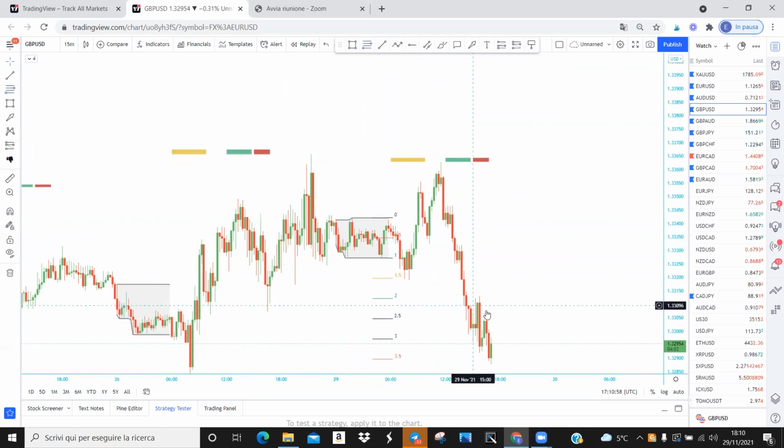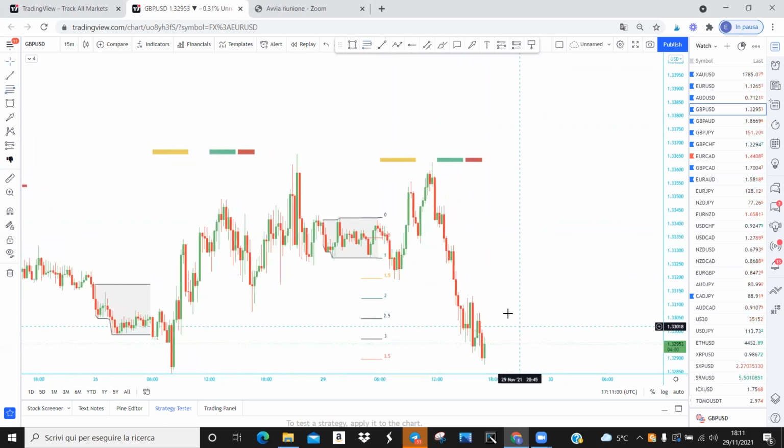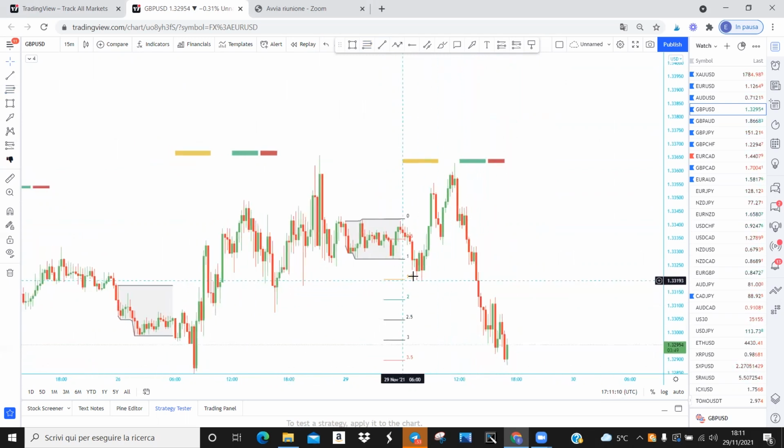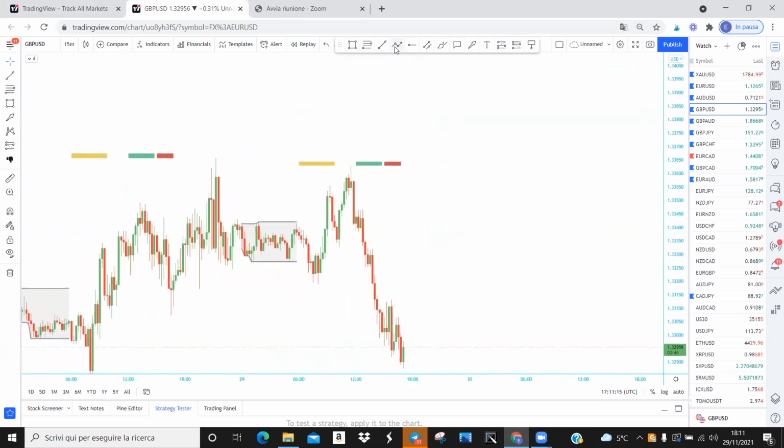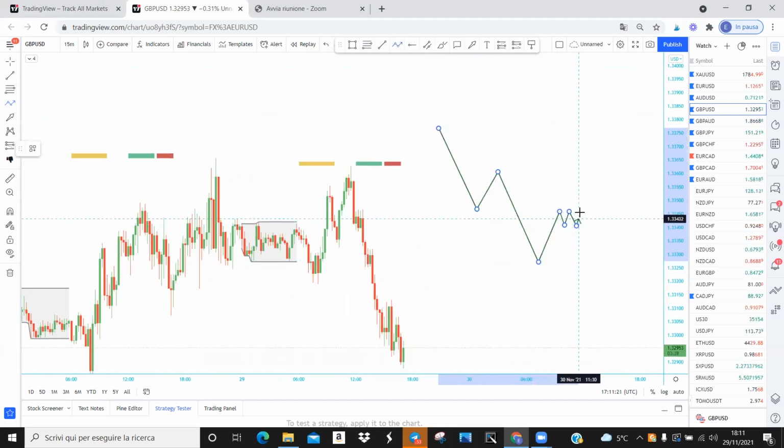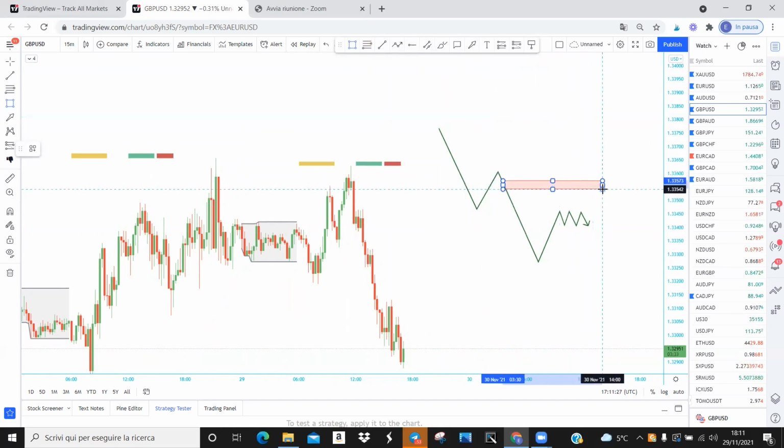But it all comes down to where you are trading. If you are bullish, if you are bearish, if you're looking for buys, if you're looking for sells, where supply is, where demand is, and so on. Because what we basically need this for is that if the market is bearish overall, and then we start ranging, let's say this is the Asian range, and up here we have a supply, okay?